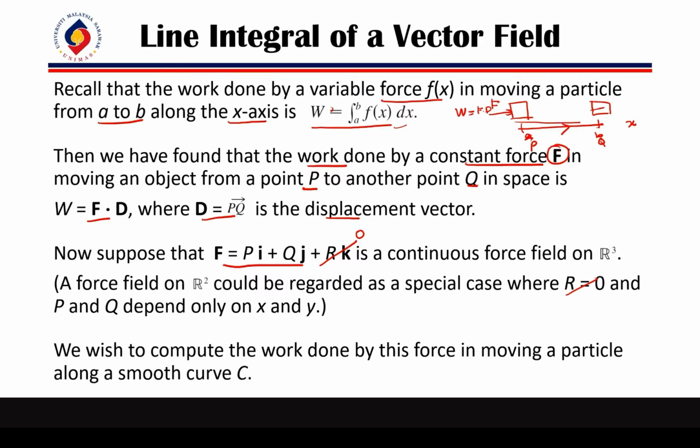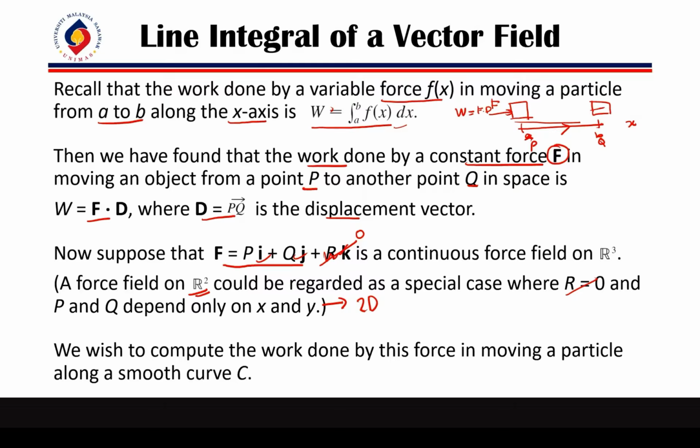So this is in 3-dimensional. I mean, a force field on R squared is a special case when R is equal to 0. That means in this statement, P and Q depend on X and Y. This means R2 is 2-dimensional.